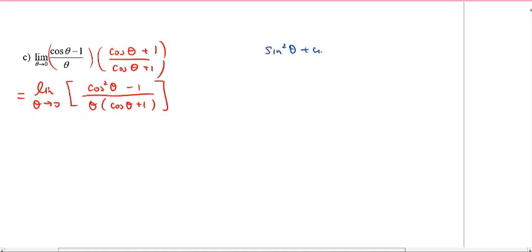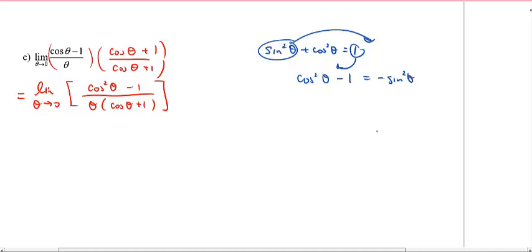What's so great about the numerator? Yes, that good old Pythagorean theorem. If I were to move the sine squared to that side and the 1 to the left side, I'll get cosine squared theta minus 1, so that just equals negative sine squared theta. I will now make that substitution, and you're like, so what? Well, I'll tell you what. Once again, I'm going to try to use that expression.